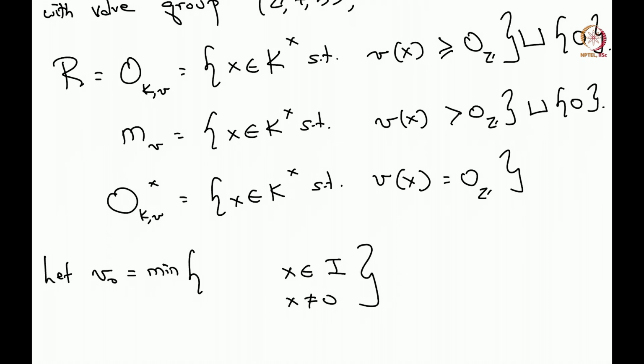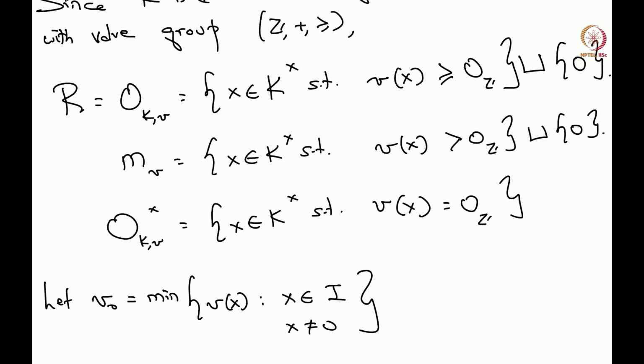Since I is a non-zero ideal, there are elements in I which are not 0. Now consider the valuation. Since I is an ideal of R, every element of I belongs to R, and so its valuation is larger than or equal to 0.